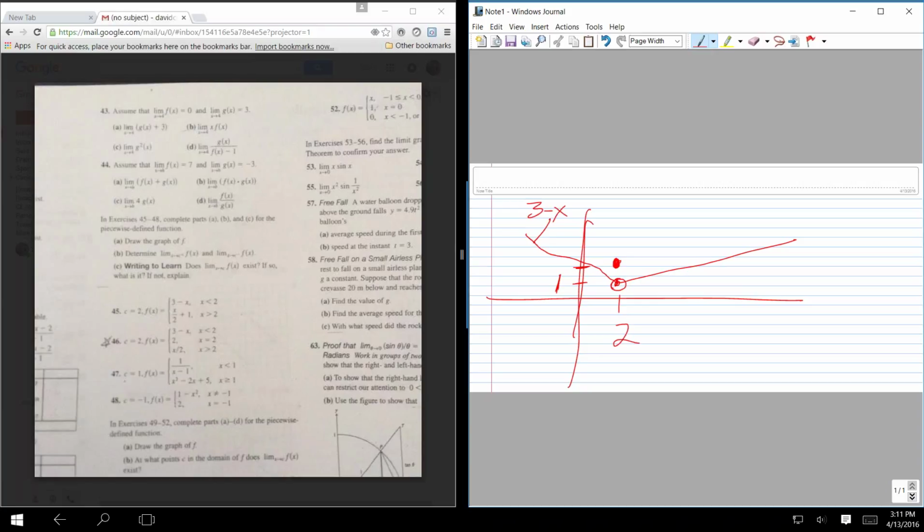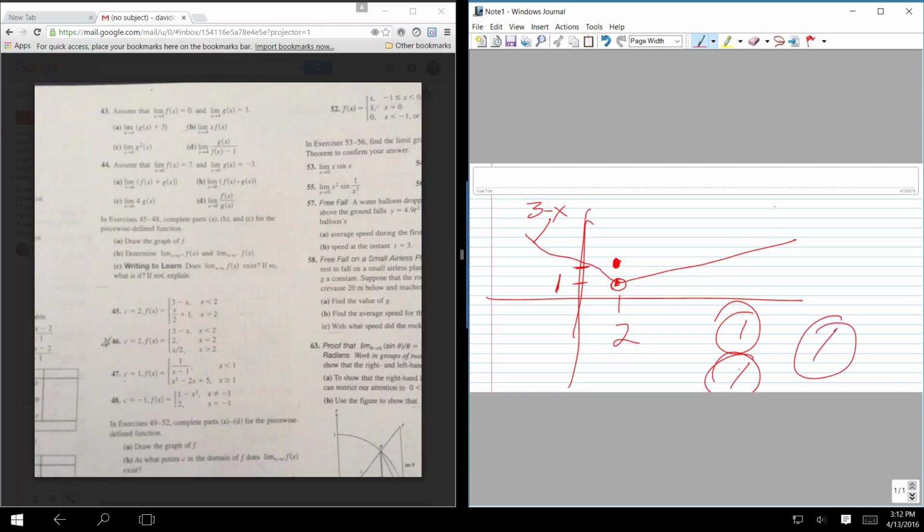Okay. As I approach 2 from the left, what is my limit? 1. And as I approach 2 from the right, what is my limit? Would that be 1 also? So what is my limit at 2? 1. Correct.